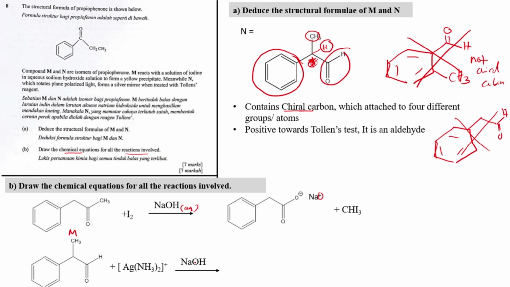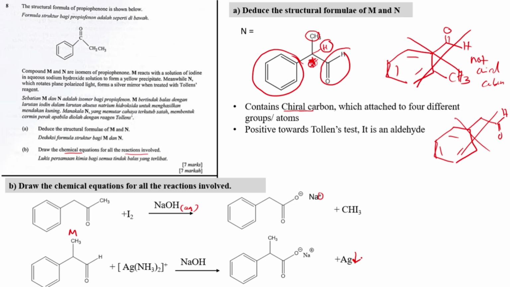Okay, so similarly, you're going to produce a carboxylate ion with CH3 here, and then O minus, and then the Na plus. Okay, and you're going to form a silver mirror, which is the Ag precipitate down. Okay, so this is how you deduce the structure of M and N, and then also make the chemical equation step by step.